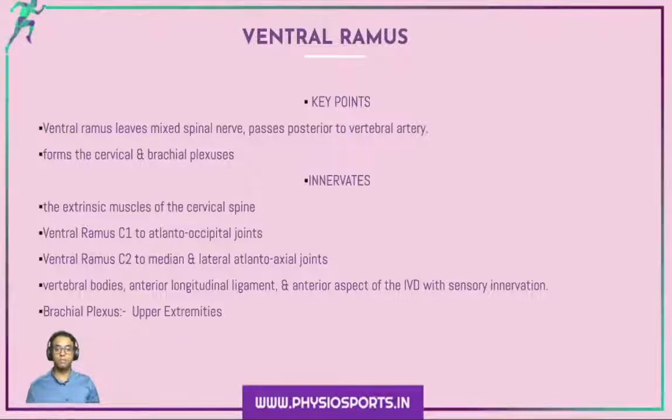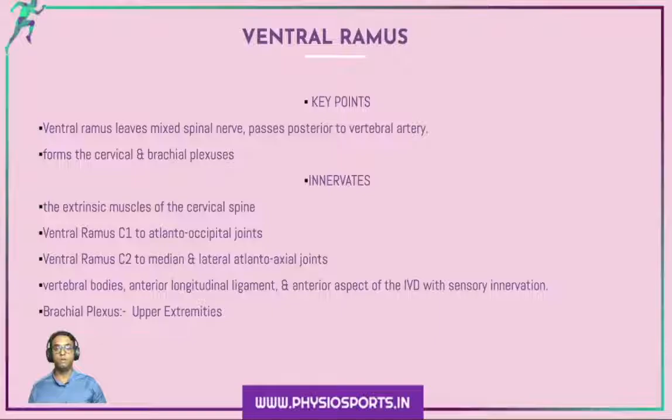Key points to remember: the ventral ramus leaves this mixed spinal nerve. It passes posterior to the vertebral artery and forms the cervical and brachial plexus. They innervate the intrinsic muscles of the cervical spine as a general rule, but there are a few exceptions.